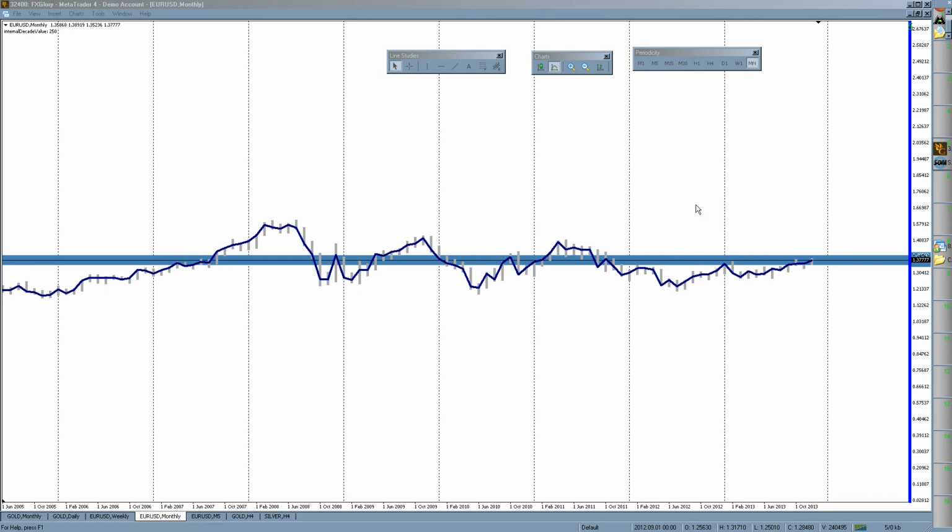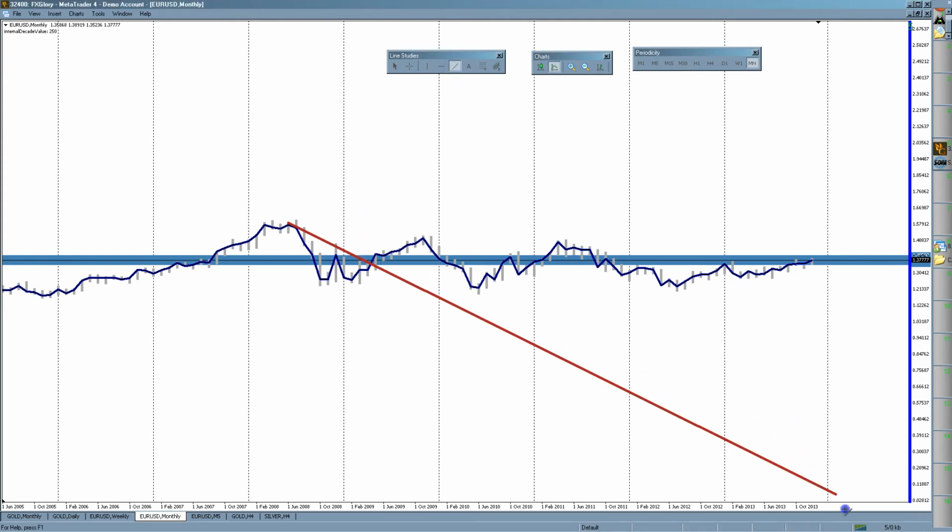So this is the monthly euro dollar that everybody's talking about. And just for fun, I put on here that if it goes down to 11 cents, I figured maybe I could draw a trend line down there, project off of something here, and come up with a wacky projection for the year 5000.